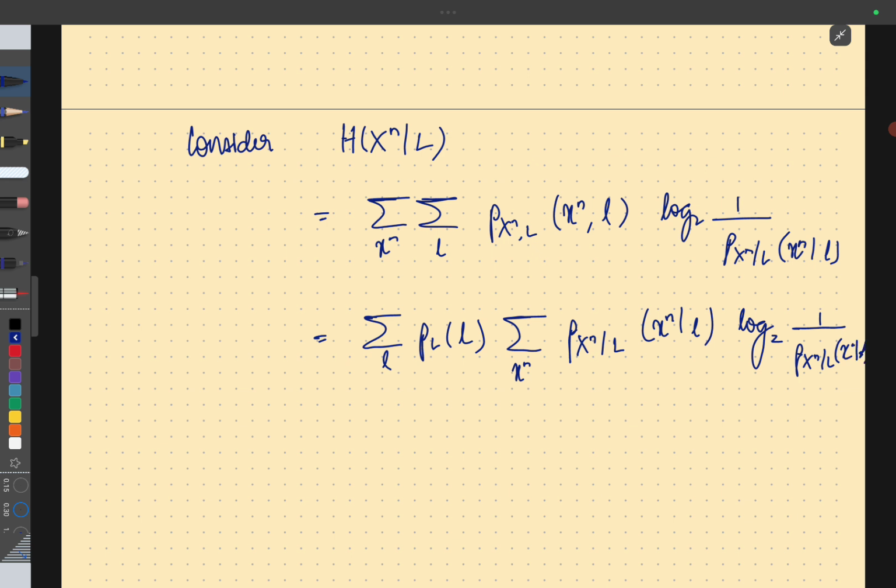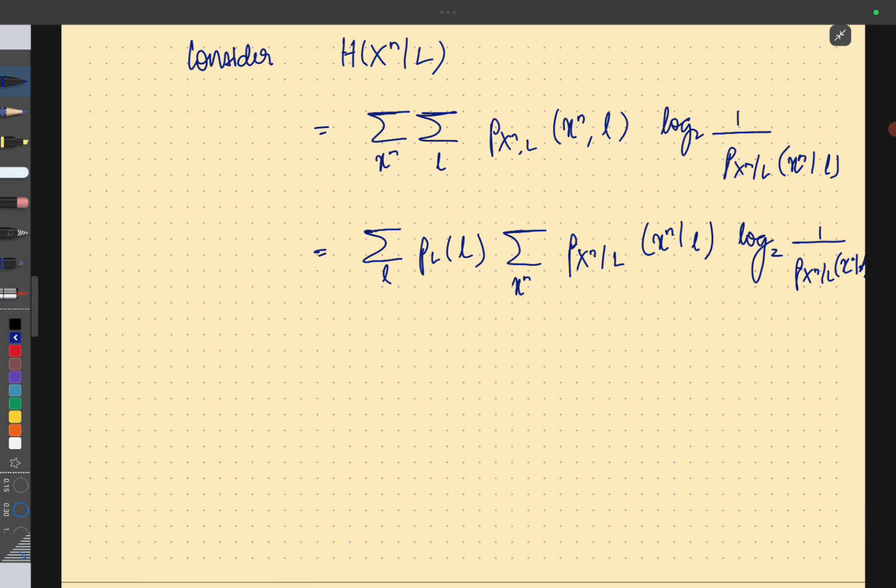Right? Nothing much. All I did was I just wrote this joint probability as a product of one of the marginals and the conditional distribution. That's all. And I took the P_L(L) outside. So this quantity is again an entropy. It's sort of a conditional entropy.